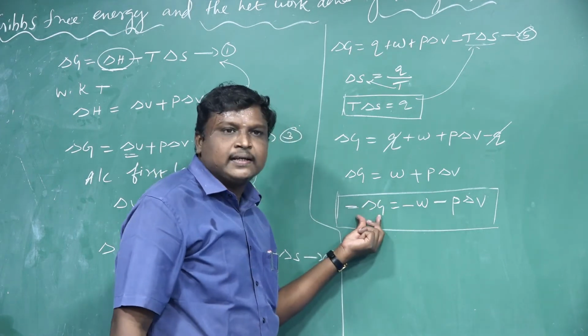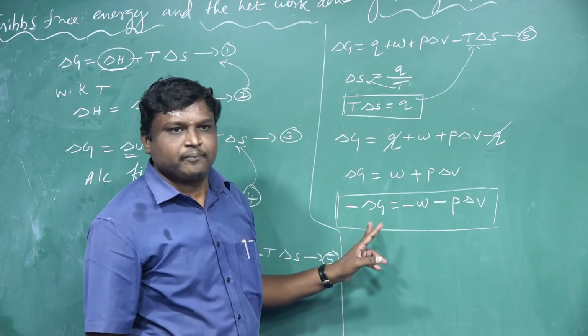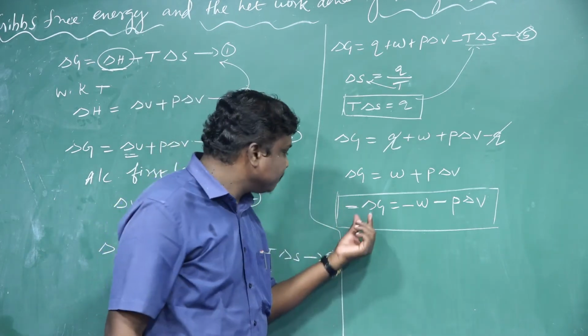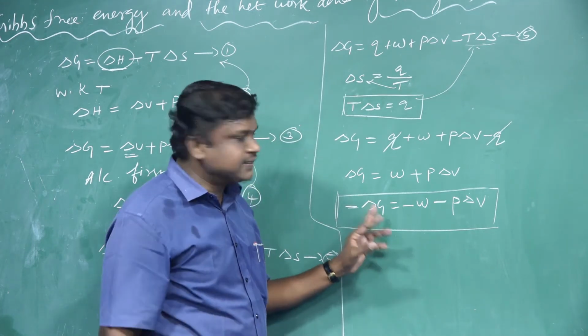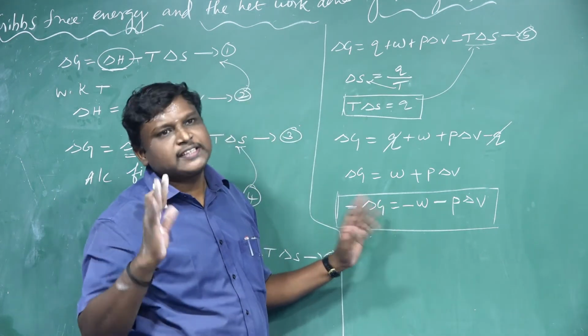Negative Gibbs free energy means the reaction becomes spontaneous. When the ΔG value decreases, the reaction should be a spontaneous process.